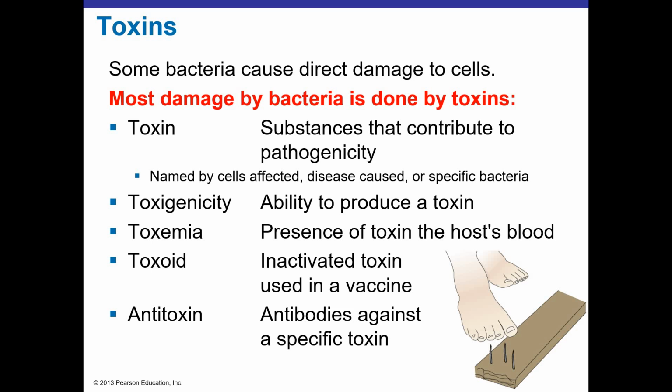That's an inactive form of the toxin that can be used for a vaccine. For treatment, however, if somebody has this toxin, we may use an antitoxin. This is specifically going to be antibodies produced in someone else or something else so that we can give the patient preformed antibodies against that specific toxin.